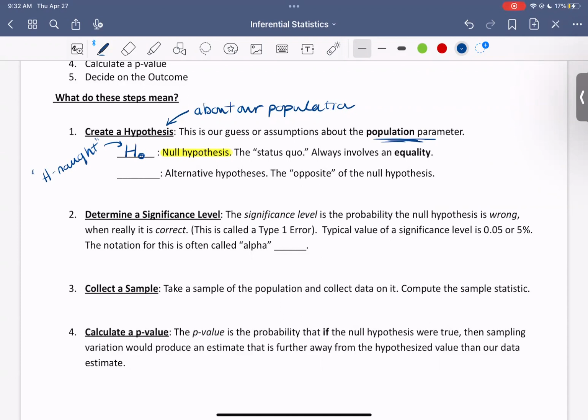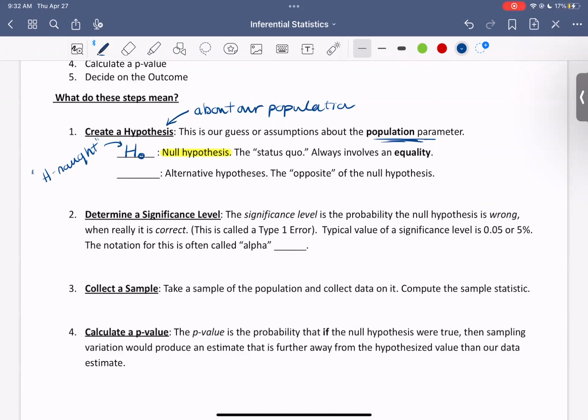And this null hypothesis is the status quo, meaning if nothing out of the ordinary were to happen, this is what we think is true about the population. For example, maybe we're flipping a coin and we want to test, is this coin fair? Well, our null hypothesis would be, yes, the coin is fair.